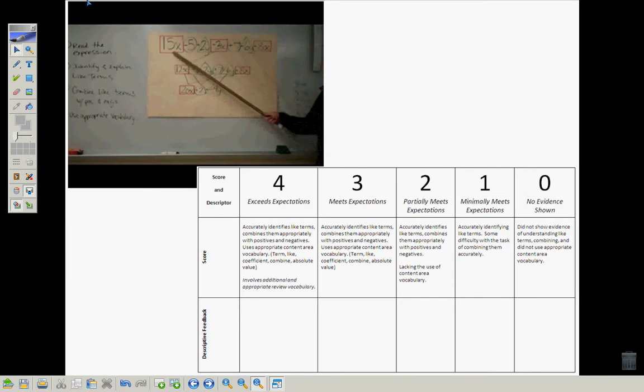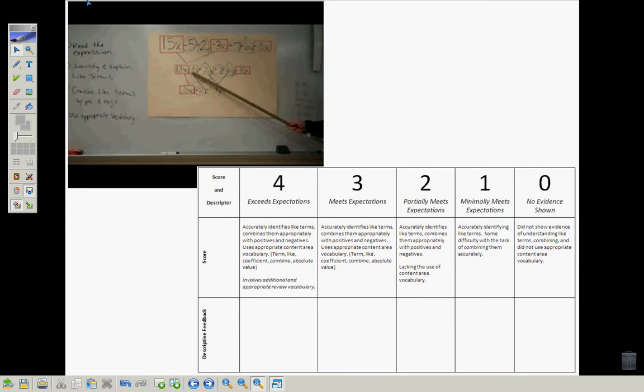Down here I put these two together to make it come out to 12x, and then I brought down the negative 5, the positive 2y and the positive 7 and the negative 6y and the positive 8x.